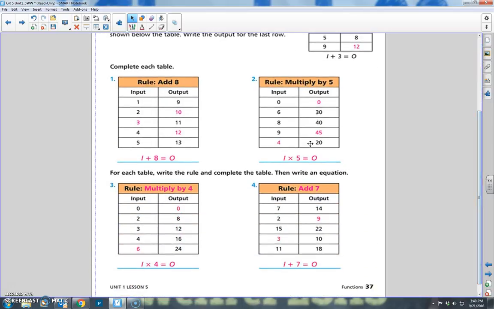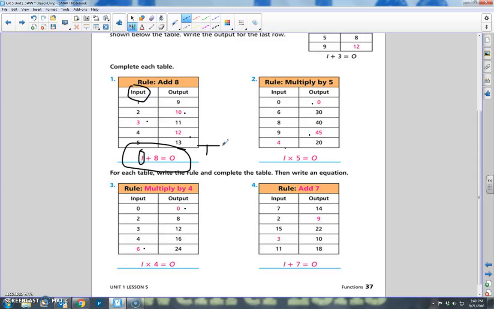And notice down here, I want to point this out to you too so you have it. You can check out your answers, which is great. We have all of these correct, which is awesome. But we need to write the equation too. This right here is an I, I for input.